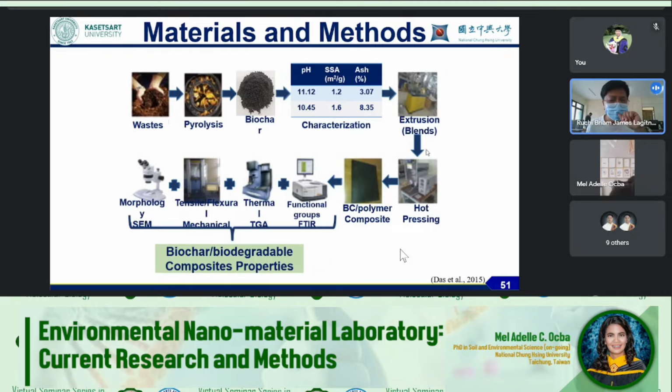For the information of everybody, it is not like here in the Philippines where, for example, you are from the College of Agriculture, so your thesis is limited to what is being served in your department. For example, you are only in soil science, or only in pathology. If you are BS Biology, being BS Bio doesn't mean you are contained only within the common or typical BS Bio courses.